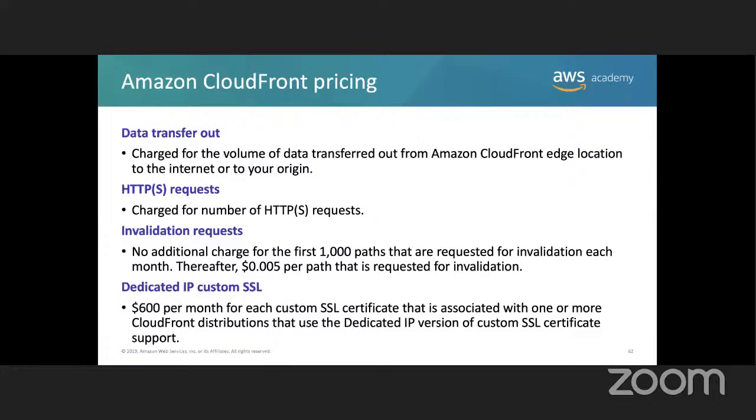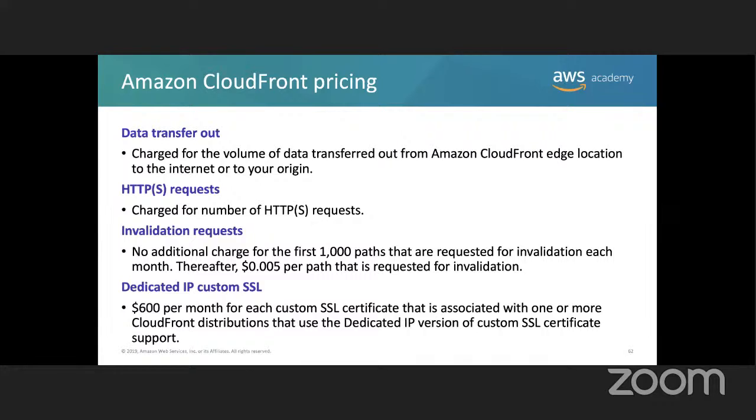You're charged for the volume of data transfer out from Amazon CloudFront edge locations to the internet or to your origin. Data transfer usage is totaled separately for specific geographic locations, so every region has a different price. And the cost is calculated based on pricing tiers for each area.